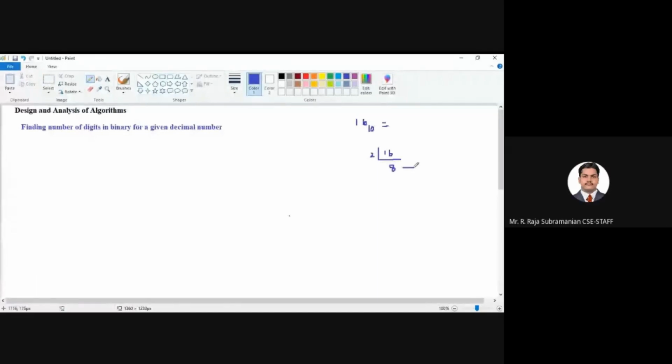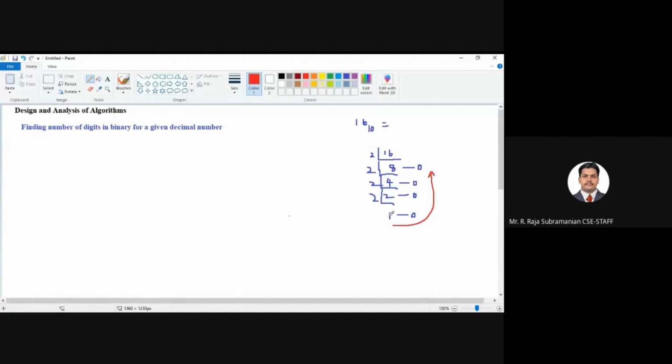Join with me. 2 4s are 8, remainder 0. 2 2s are 4, remainder 0. 2 1s are 2, remainder 0. And finally the quotient becomes 1. So if I go from bottom to top, it will give me the binary notation.